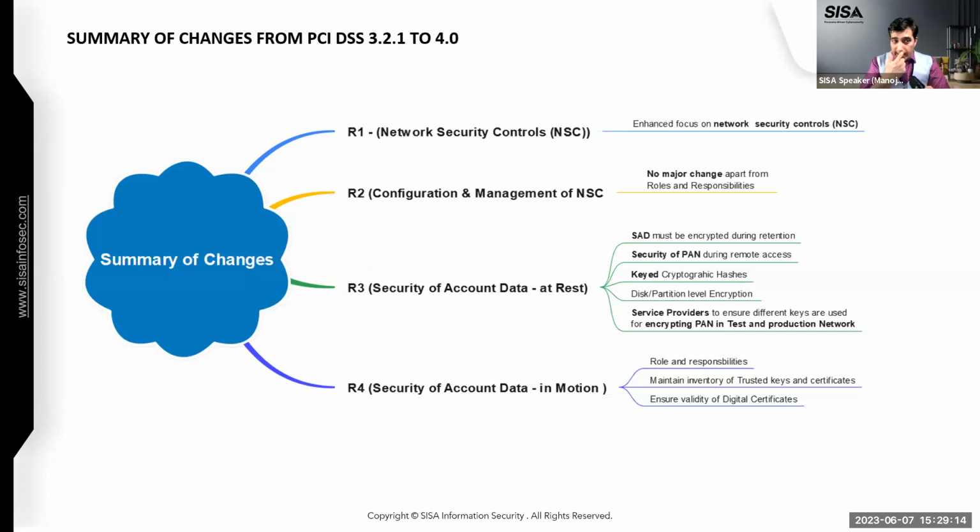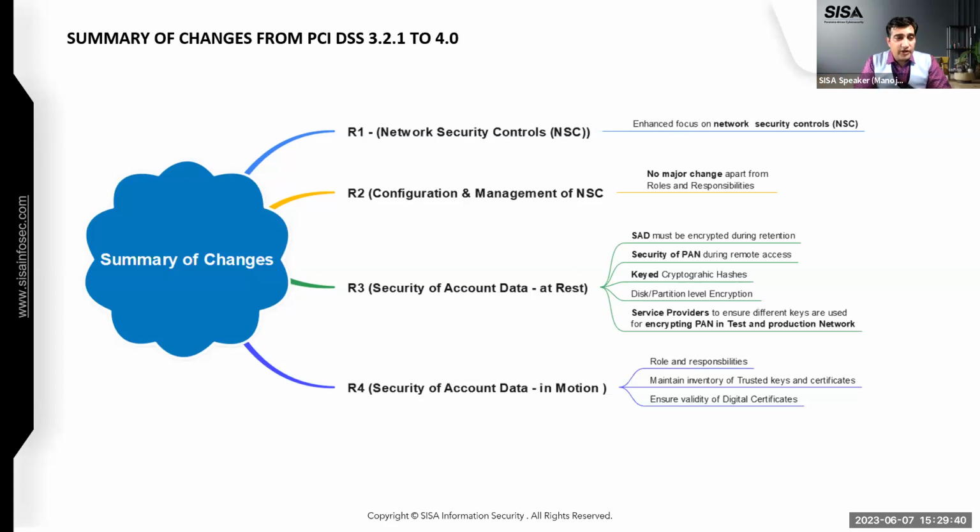So you cannot anymore store your sensitive authentication data more than the transaction timeline, but in that period as well, you need to encrypt it. Now, this may be a major change for many of you, because if your company is designing applications and all of that, you need to take care of this control. This can be a black sheep in the entire thing. So you need to think about that.